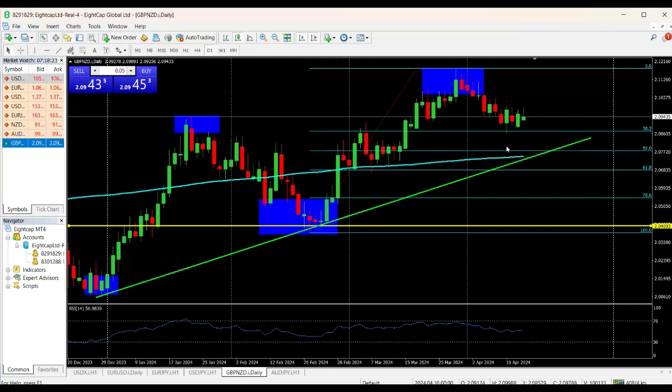So now all you got to do is wait for the market to create a structure between 50 and 61.8%. All I'm waiting on is for the market to drop to give me the next higher low, at the 50 or the 61.8%, which is also where the trend line is at.